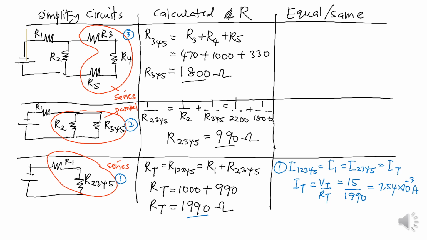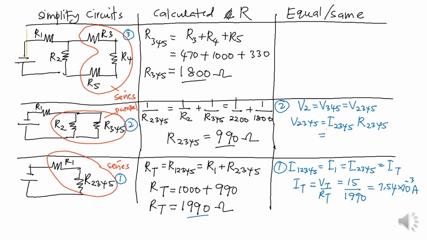Okay, and then kita naik pula ke number 2. Number 2 is parallel. Parallel apa yang sama? So parallel yang sama adalah V. Okay, V2 is equal to V345 ataupun V2345. So kita carilah. V2345 equal to I2345 R2345.